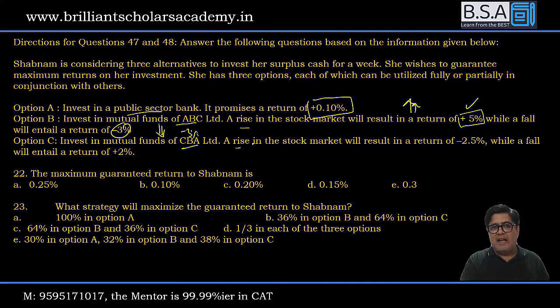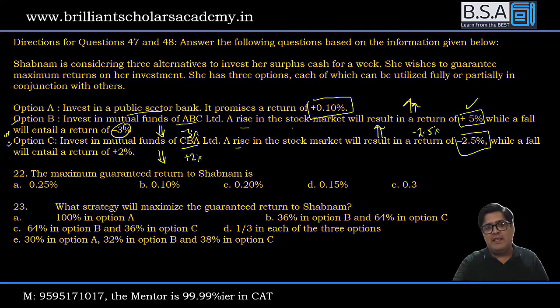When the market rises, when the market goes up, तो इनका नुकसान होता है. When the market goes up, she will lose 2.5%, and if the market goes down, she will gain 2%. Can I say कोई सेंस नहीं बनता to put all your money in B or all your money in C?